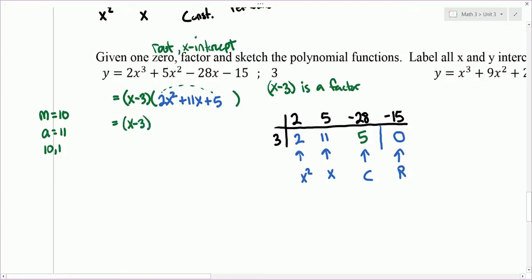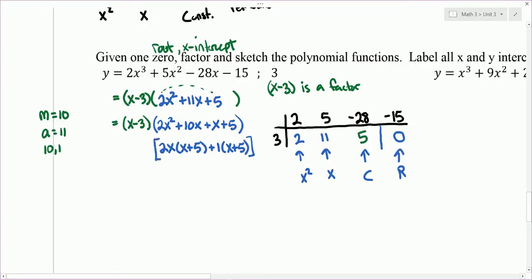And we're going to split up our 2x squared plus 11x plus 5 into 4 terms. We get 2x squared plus 10x plus 1x plus 5. And then we look at the left two terms. We can factor a 2x out, and we're left with x plus 5. Look at the right two terms. You could factor 1 out. We're left with x plus 5.